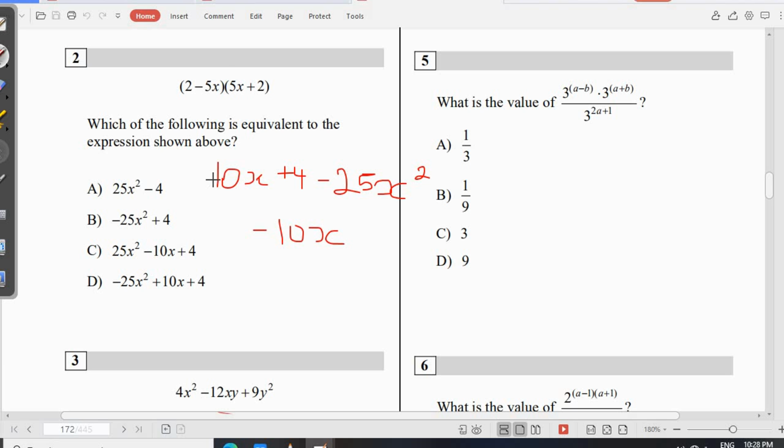So we have 10x plus 4 minus 25x square minus 10x. You see, this 10x minus 10x is gone.